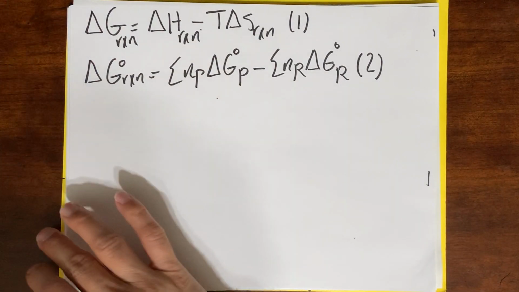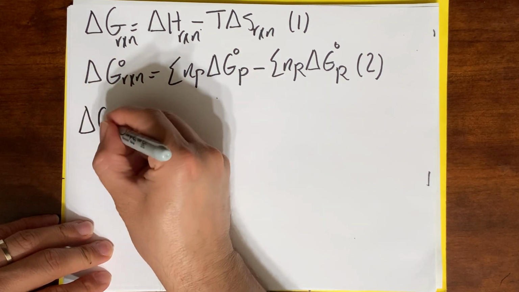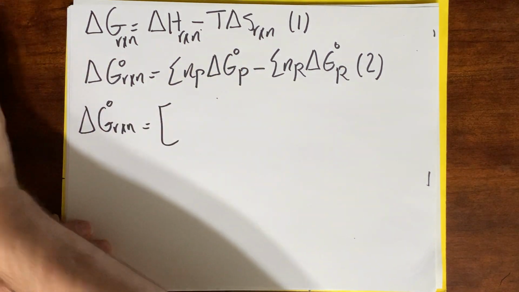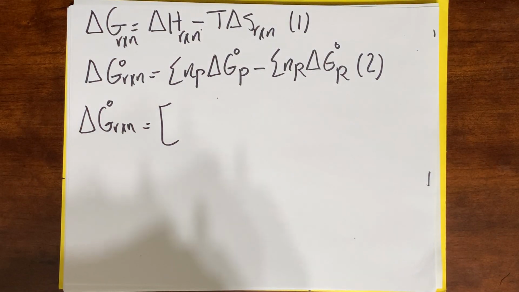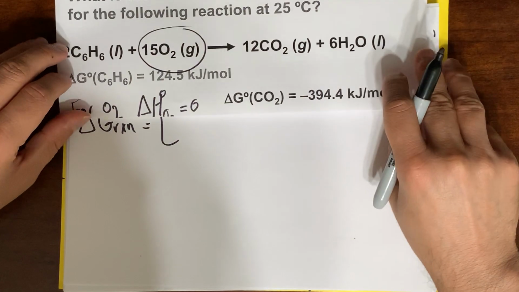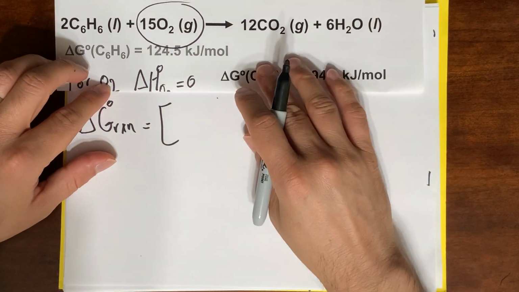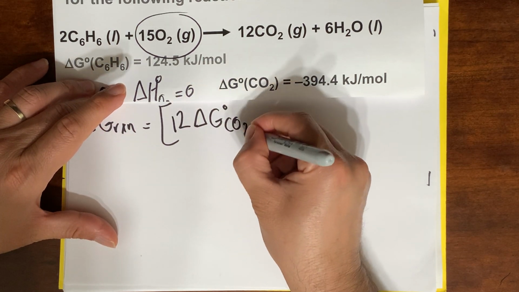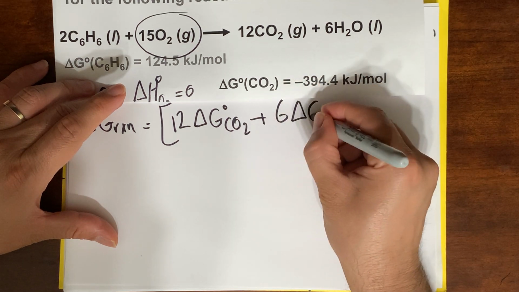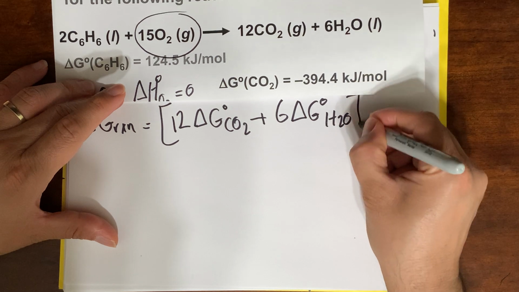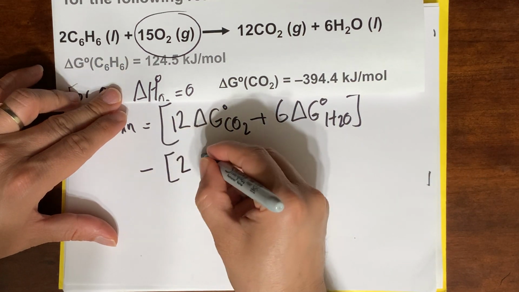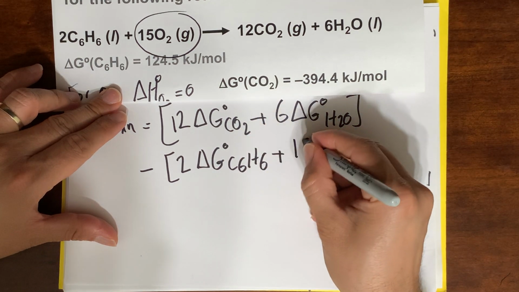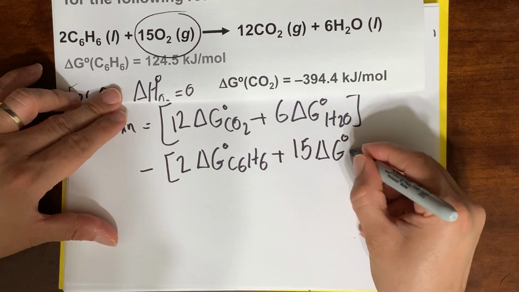So I go delta G of the reaction. It's going to be 12 multiplied by delta G of CO2 plus 6 multiplied by delta G of H2O, minus 2 multiplied by delta G of C6H6 plus 15 multiplied by delta G of O2.